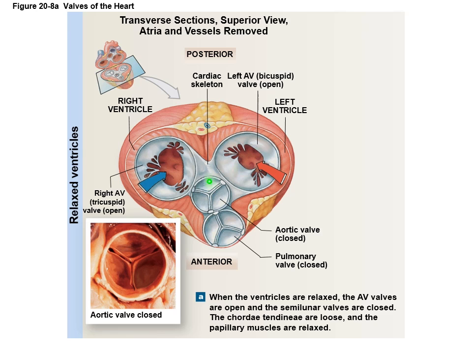So if there's a bunch of blood above this, in the pulmonary trunk and the aorta, that blood's going to try to go backwards, because the ventricles are relaxing and all the pressure has been built up in these blood vessels. It's going to try to go backwards, and when it does, these valves are designed to stop that.